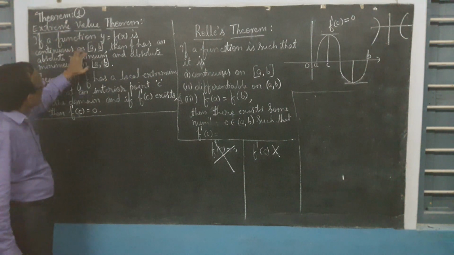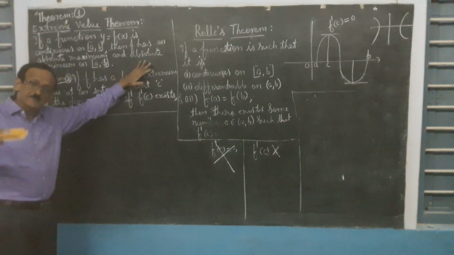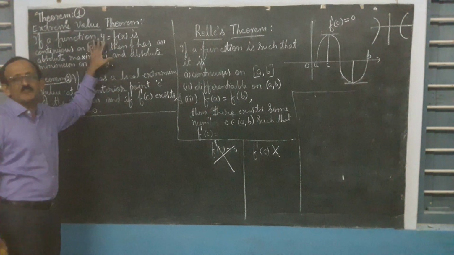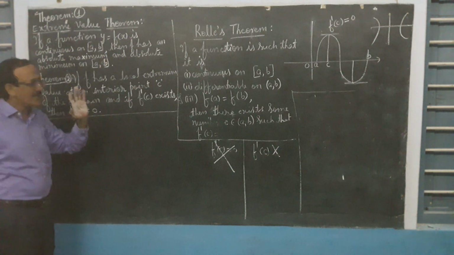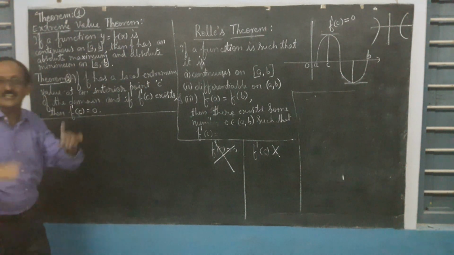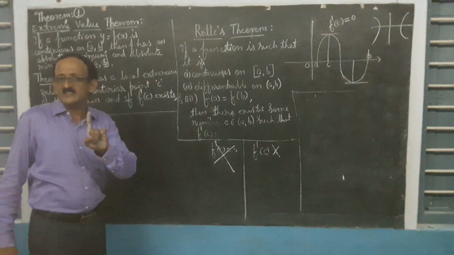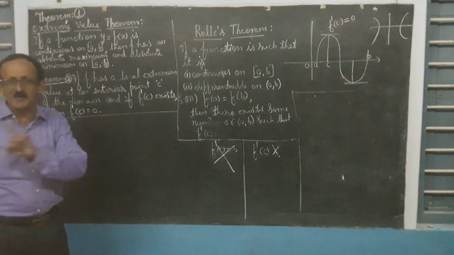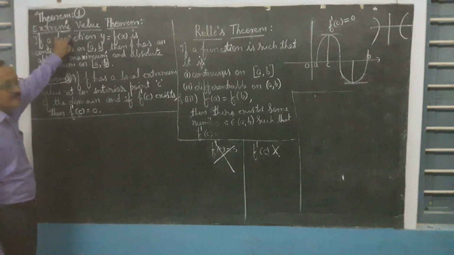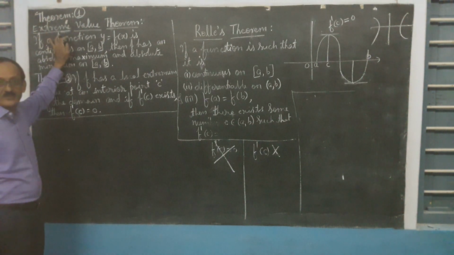Continuity implies the possibility of absolute extrema. I am going to rub this because I need some more space on the board to write. Please listen, understand, and store in memory what the extreme value theorem is.